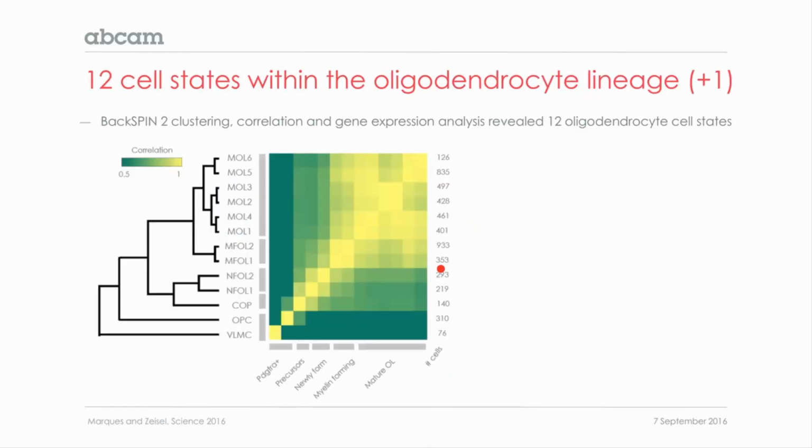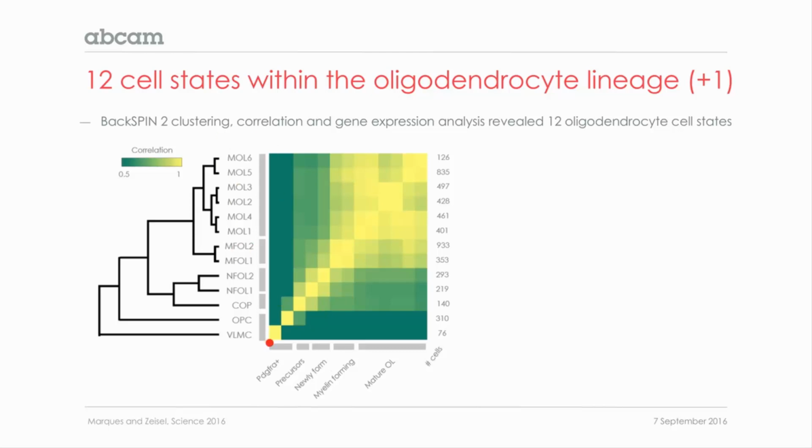In this, applying backspin and then also doing correlation and gene expression analysis, what we identified was 12 distinct oligodendrocyte cell states, with 2 precursor states, 2 newly formed oligodendrocyte states, 2 myelin-forming oligodendrocyte states, and then 6 distinct mature states.